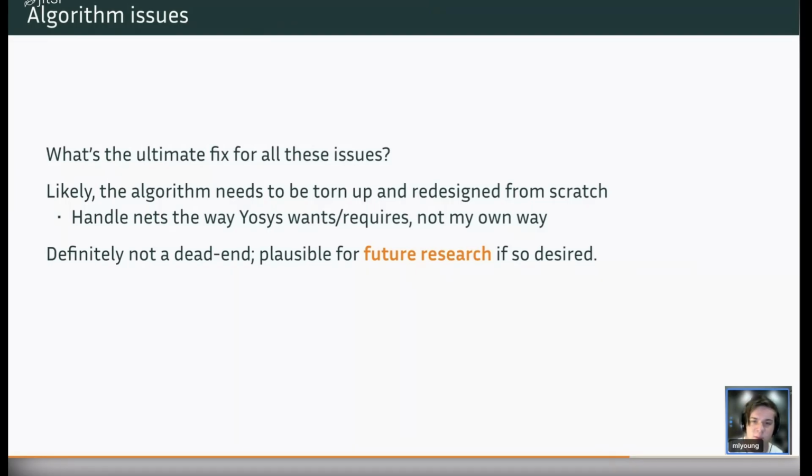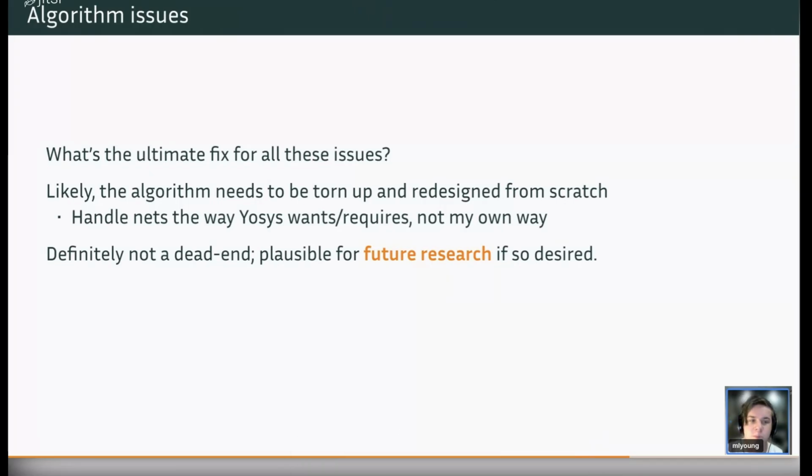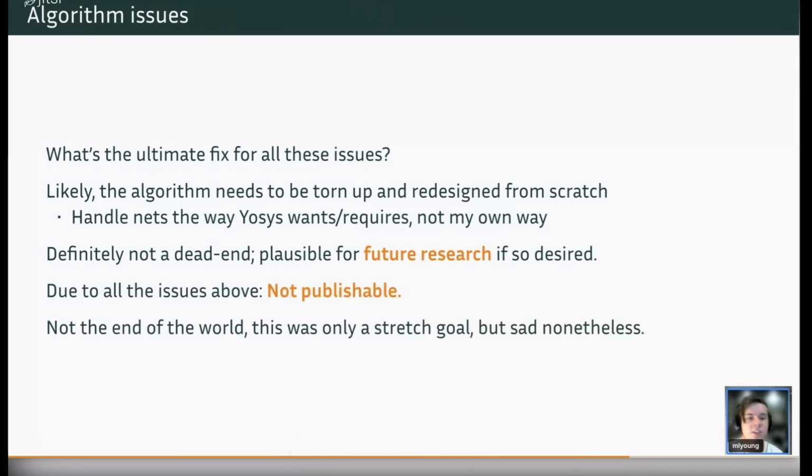I do think that the project is not a dead end. I think that we have some promising results so far. We clearly can help to mitigate some circuits some of the time. So it's definitely a good spot for future research if it's desired, but currently it can't target production use cases. So in the end, of course, I was aiming to publish, but it didn't end up being suitable to publish just because it can't really handle anything equivalent to the state of the art.